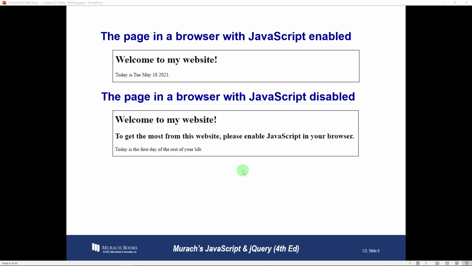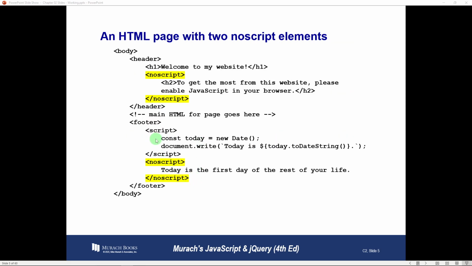So let's take a look. Here's the page for somebody who has JavaScript enabled. They'll see welcome to my website, and they'll see the footer that says today is Tuesday, May 18th, 2021. And this date was calculated using the JavaScript inside the script tag.